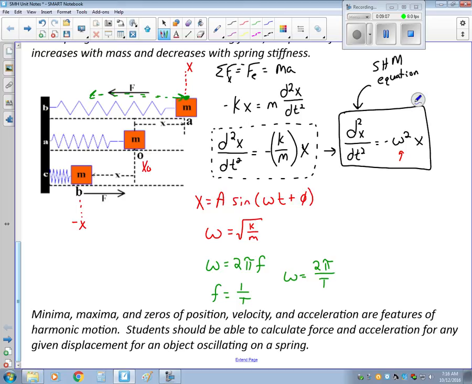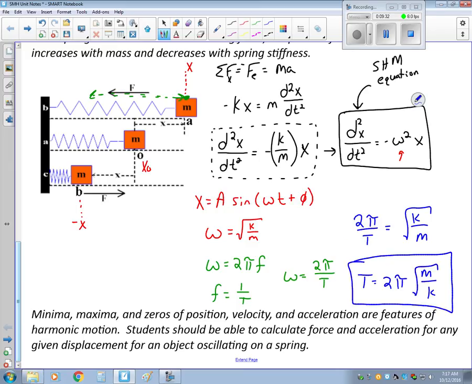So now I have two equations for angular frequency, the omega, so I can put them together. And what this does is it gives me a formula to calculate the period. Now this is important, and that's something that's on your AP formula sheet.